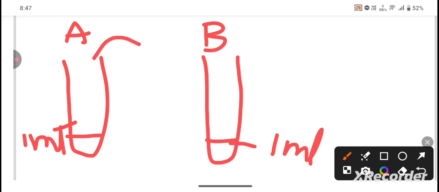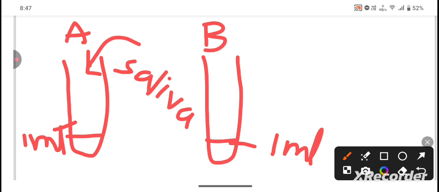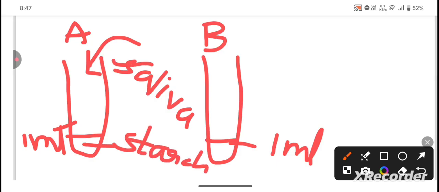Add some amount of saliva in test tube A, and no need to add saliva in test tube B. So test tube A consists of 1 ml of starch solution and 1 ml of saliva, and test tube B consists of only starch solution.